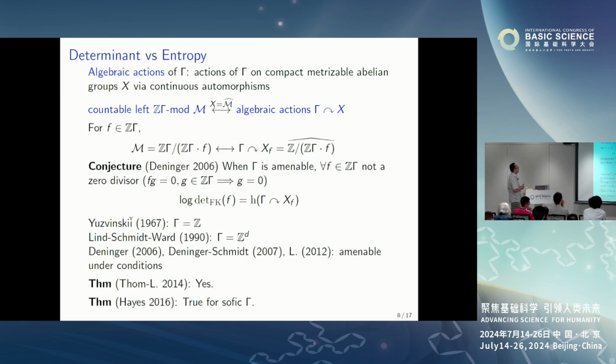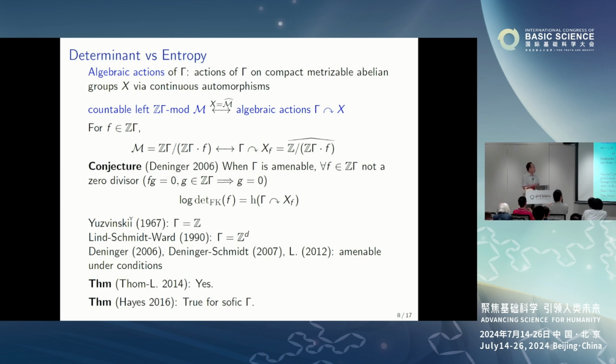You can already see that there is some algebraic structure involved, but the reason for calling these algebraic actions really comes from the next fact: there is a very natural one-to-one correspondence between countable left modules of the group ring and algebraic actions.